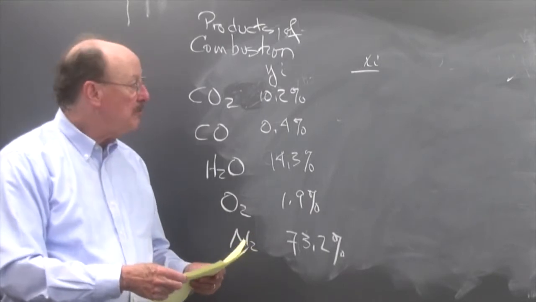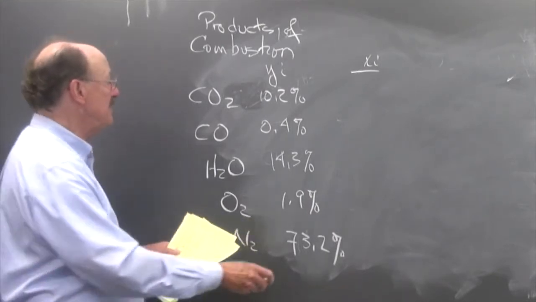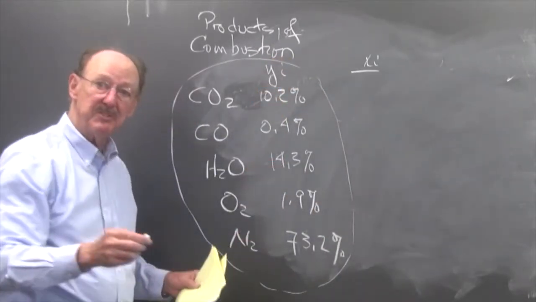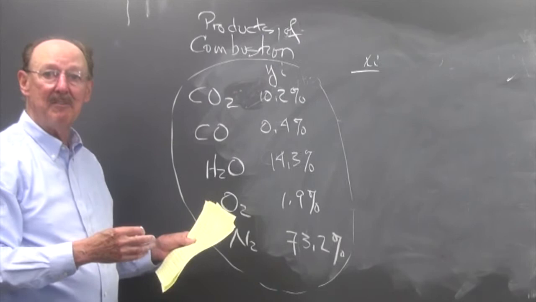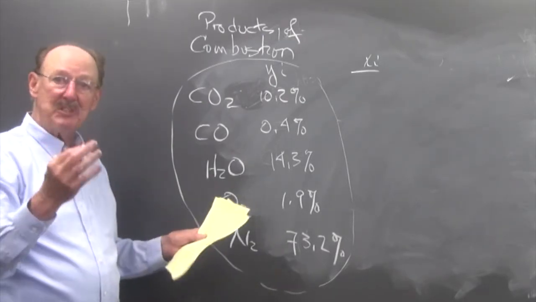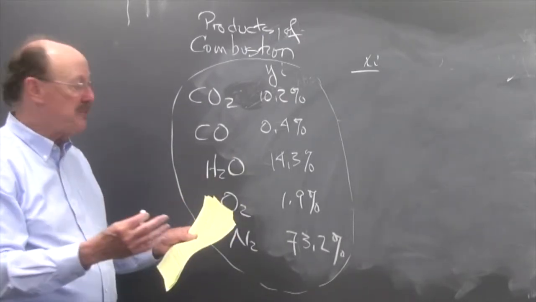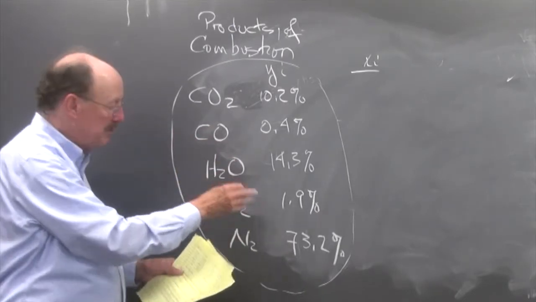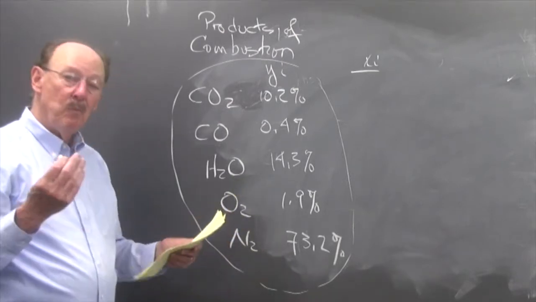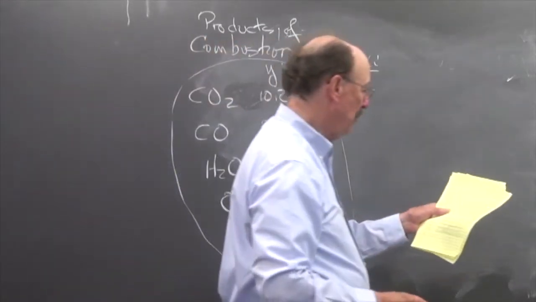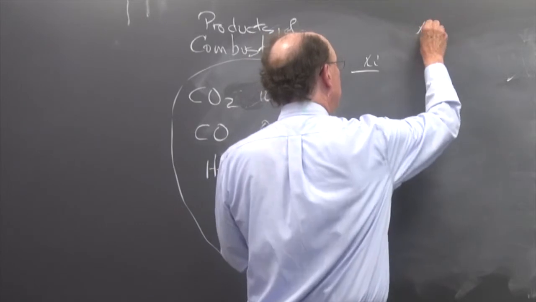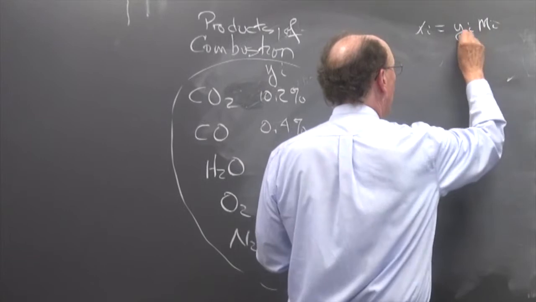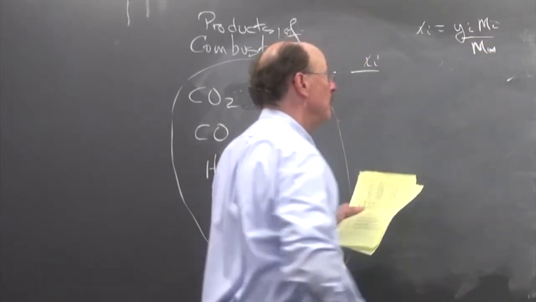The first thing we have to do is, this is the mixture of the products of combustion. That's the stuff that's coming out of your exhaust pipe, out of a smokestack, wherever there was combustion. This is slightly incomplete combustion, there's water formed, etc. The equation we had is Xi equals Yi Mi over the mixture molecular weight.